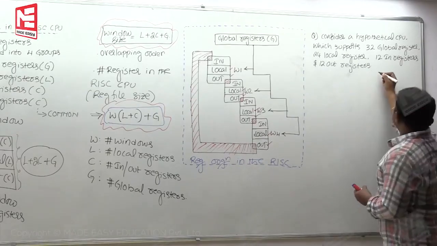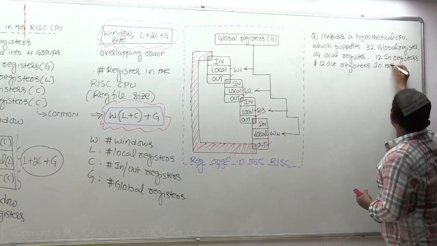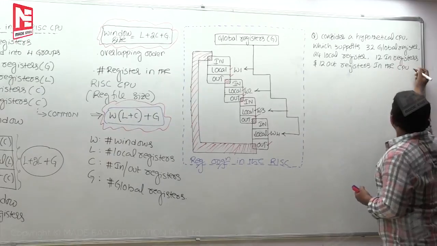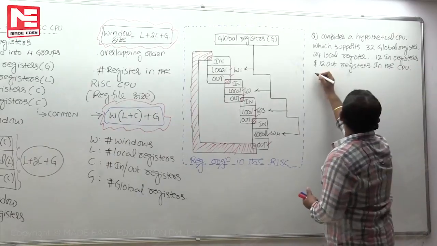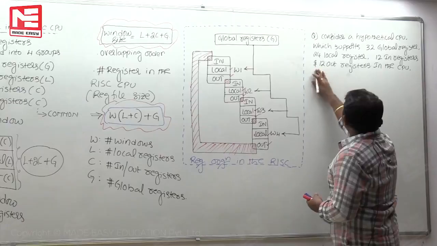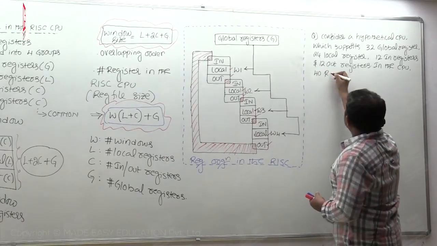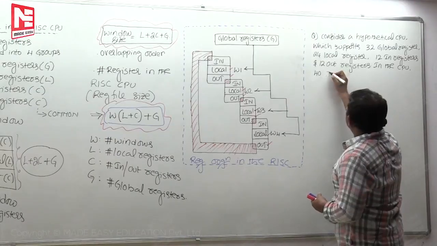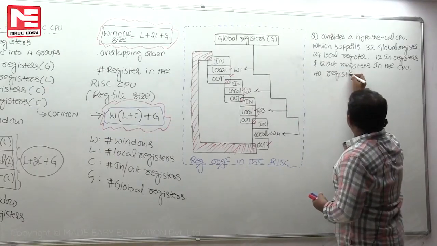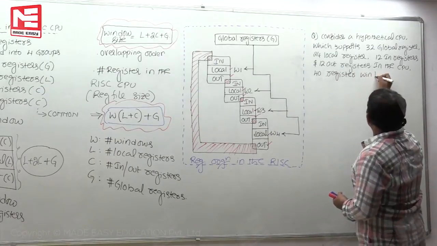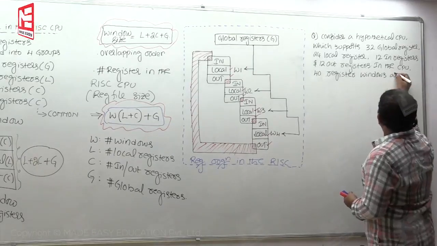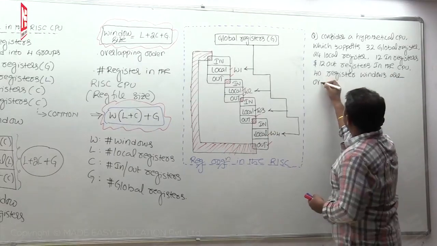In the CPU, 40 register windows are overlapped.